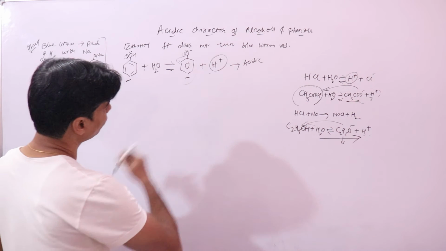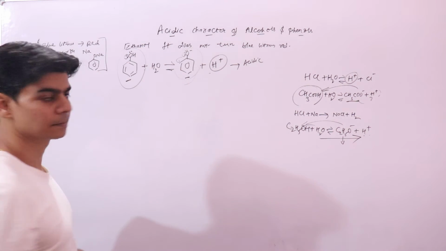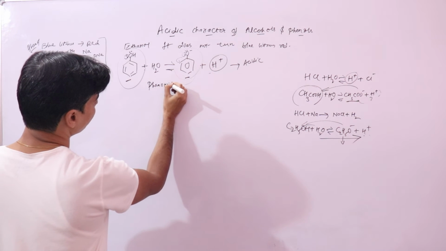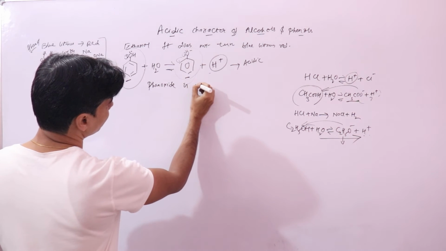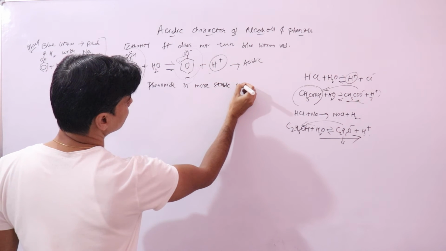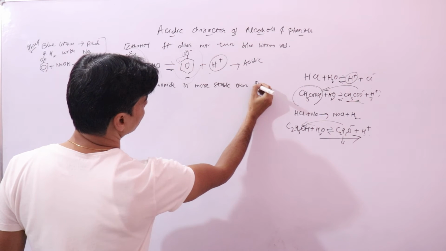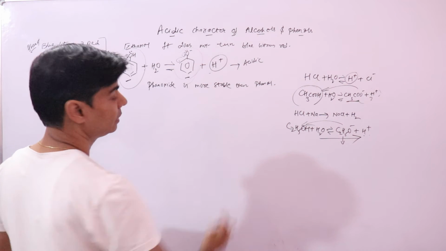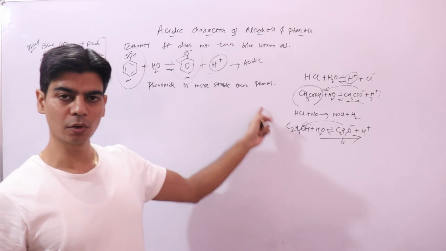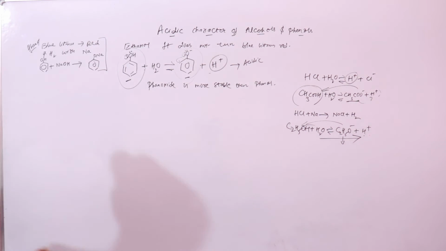But as this forward reaction is favored, that means this phenoxide is more stable than your phenol, right? Let's look into the reason. To find why phenoxide is more stable than phenol, we need to look into the various resonance structures of phenol and phenoxide.